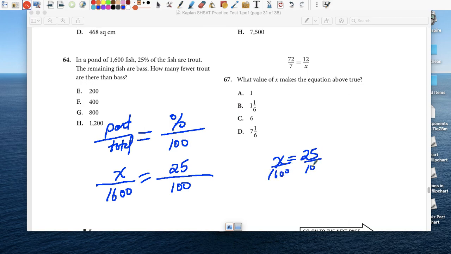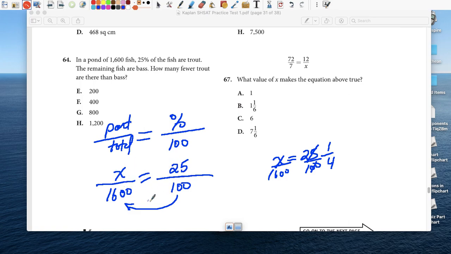You can make your life easier and simplify this to 1 over 4 and then cross multiply. Or the other one that I would do, because I can tell it's friendly numbers, is just look for that relationship, because we're looking at two equivalent fractions. So 25 over 100 is equivalent to something over 1,600.